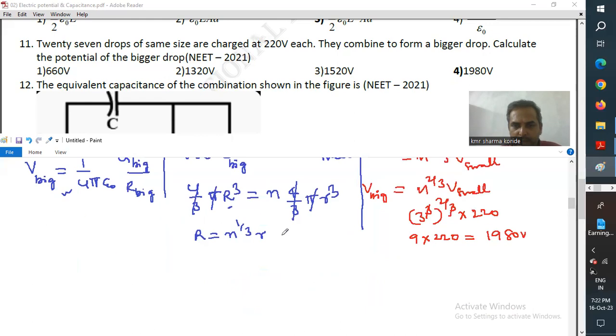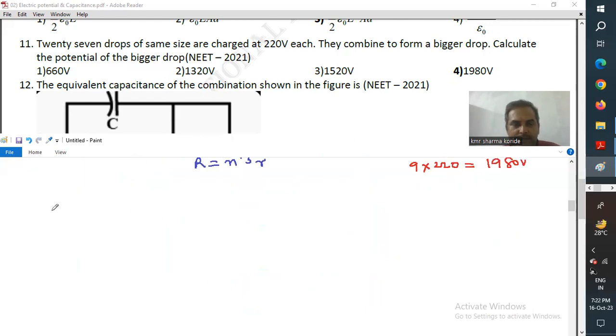Based on this particular concept, you can also expect questions like this. Suppose the potential energy stored after you merge a number of drops is asked. So recall the formula for potential energy of a two charge system: 1 by 4 pi epsilon naught, Q Q big by R big.